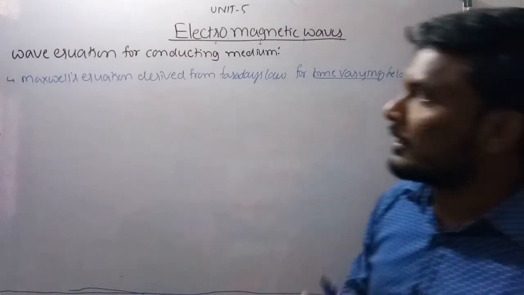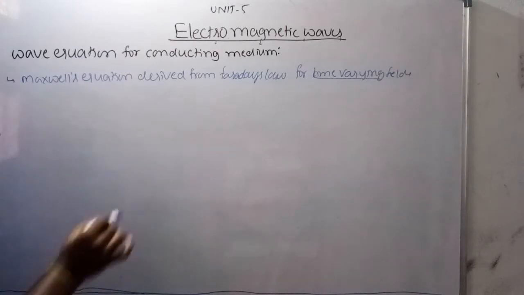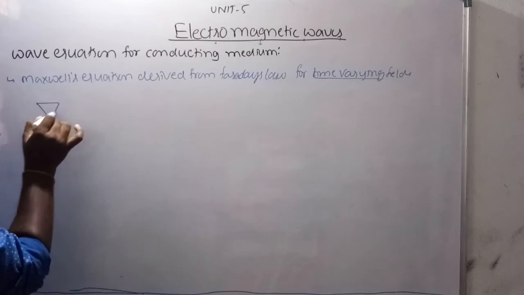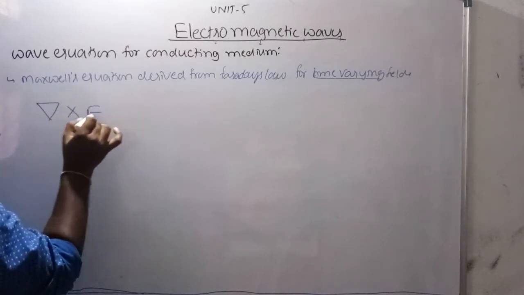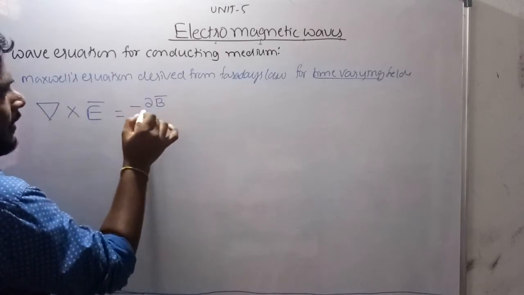So what is the Maxwell's equation derived from Faraday's law for time varying fields? It is del cross E bar equals minus dou B bar by dou t.